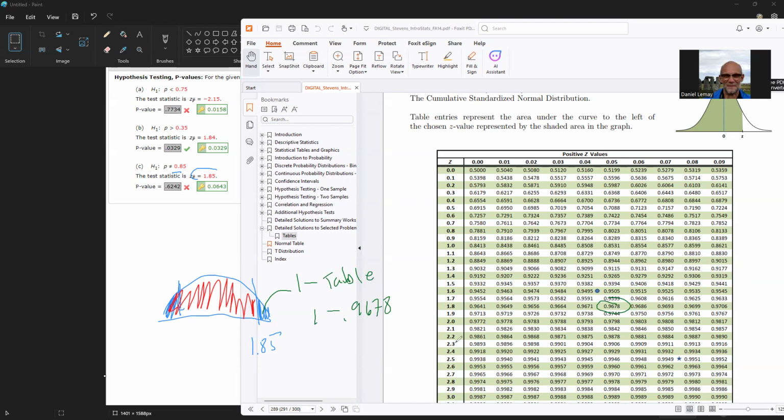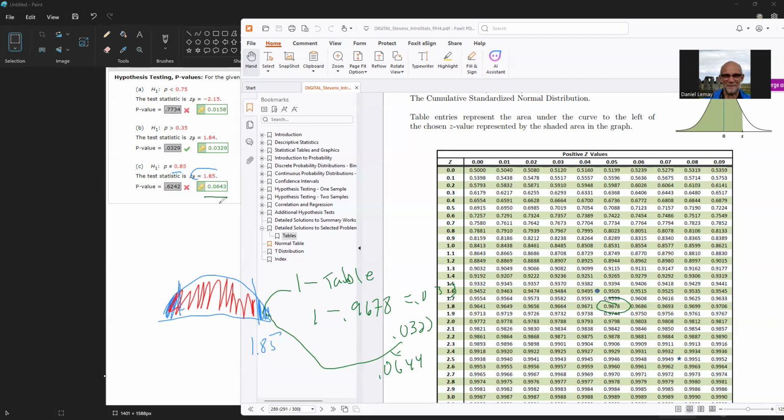I got 0.0322, and then I've got to double that, because that's the area right here, and we need to count both of them. So times 2, I'm getting 0.0644, and what's WebAssign saying? 0.06. Yeah, I mean, it's in the ballpark. They probably use a calculator for this, and we're just using the table.